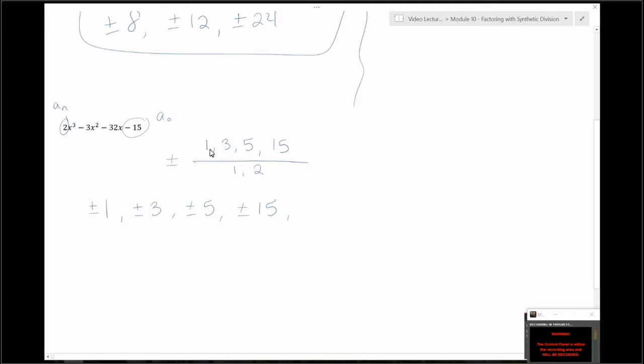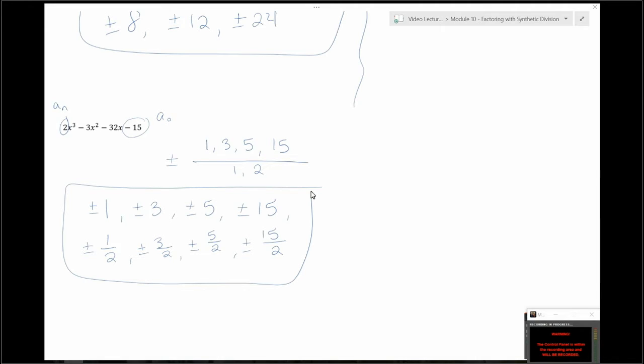Now we'll go through the list again with 2. 1 divided by 2, 1/2. 3 divided by 2, 3/2. 5 divided by 2, 5/2. And 15 divided by 2. These would be all of our possibilities. These would be the numbers we try to synthetically divide by in order to factor the polynomial.